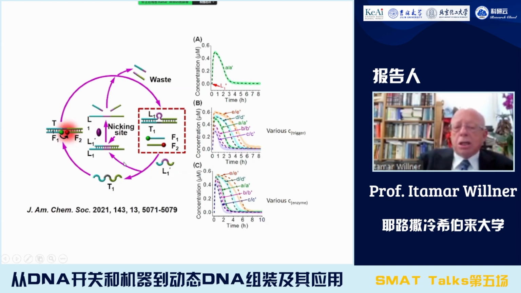T1 is engineered in such a way that it will hybridize with the scaffolds F1 and F2 to form an intermediary product that has FRET quenching efficiencies in the intermediate photoproducts. But the system is engineered in such a way that the duplex that we generate here is nicked by the nicking enzyme into two fragments to release L1.